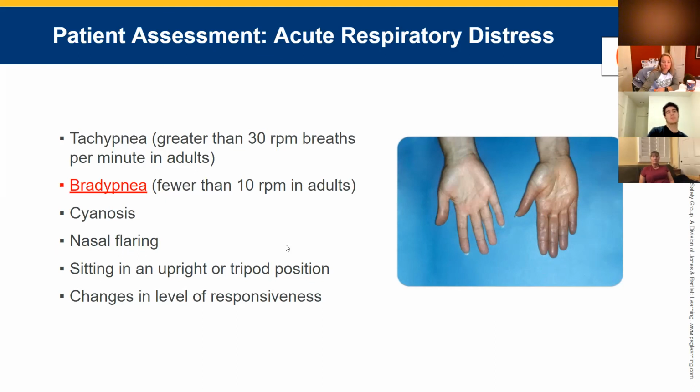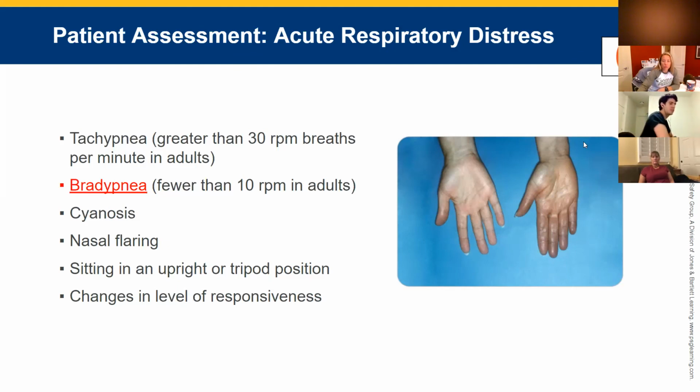The tripod position is, if you look at my camera here, when someone sits like this so they can really have help breathing. You can try it yourself. If you are really trying to breathe deeply, the most comfortable position is with your head pushed forward so you can really open up your chest. When someone is having a really hard time breathing, they'll often take this position on their own because it helps them get breath in.